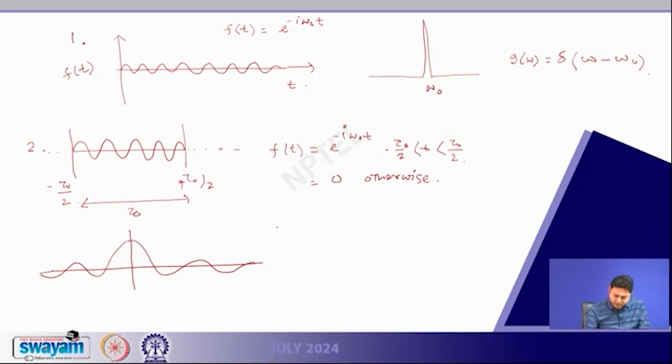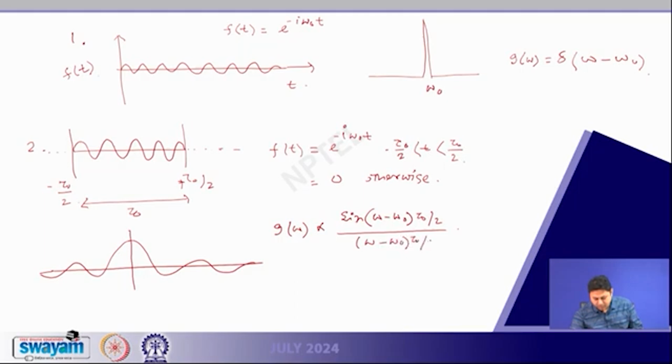G of omega is proportional to a sinc kind of function: sine of (omega minus omega naught) tau naught by 2, whole divided by (omega minus omega naught) tau naught by 2. This is the functional form, or in other words it is sine alpha divided by alpha.